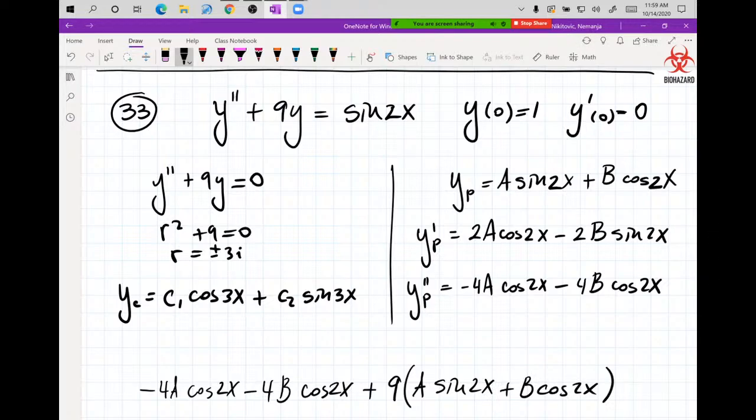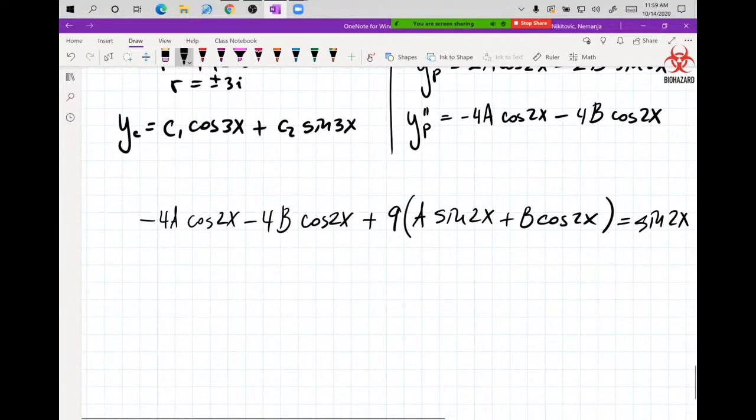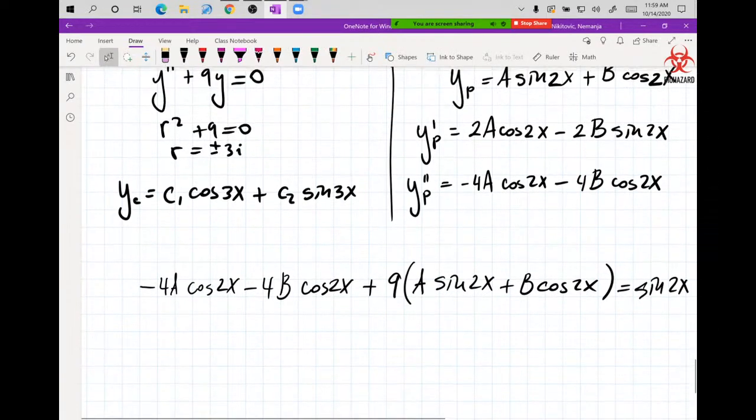You can skip as many steps as you want. If you wanted to write this immediately as 9a and 9b, it will save you a step of writing. It is okay. So why do I have two cosines here?